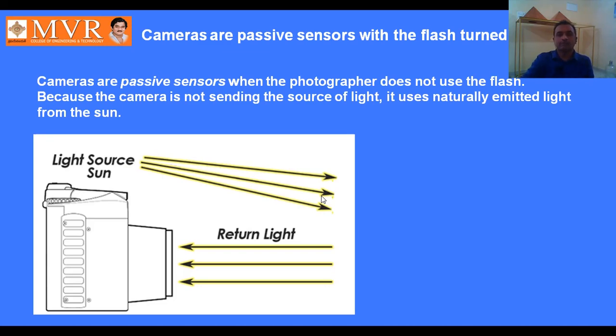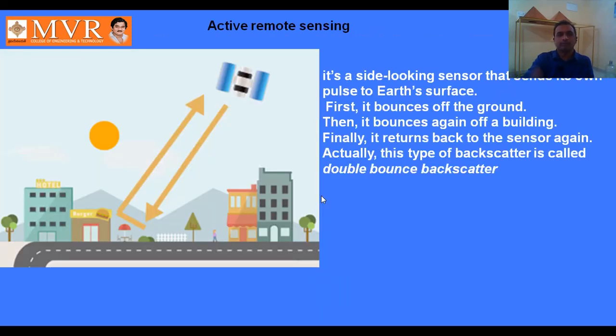Here I will give you an example figure. You see, it is a side-looking sensor that sends its own pulse to the earth surface. First it bounces off the ground, then it bounces again off a building. Finally, it returns back to the sensor. This type of backscattering is called double bounce backscattering.